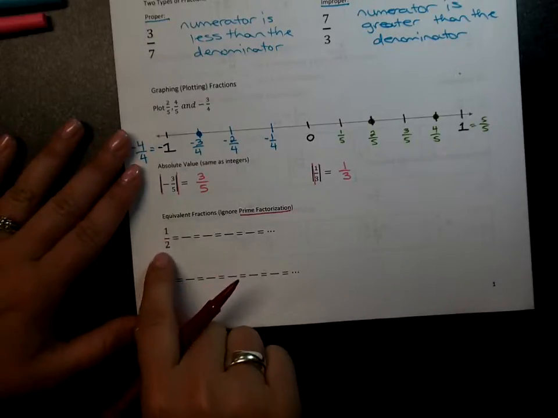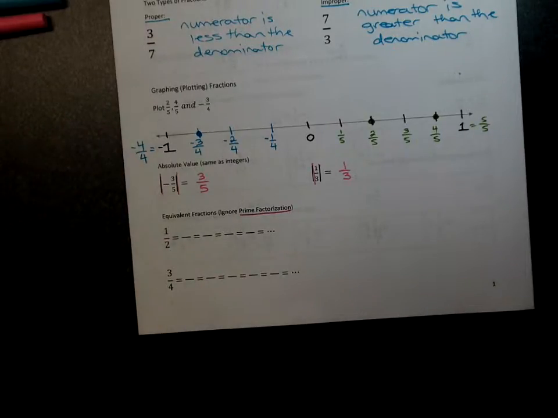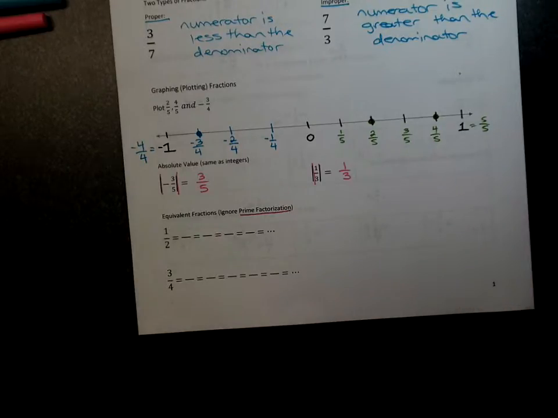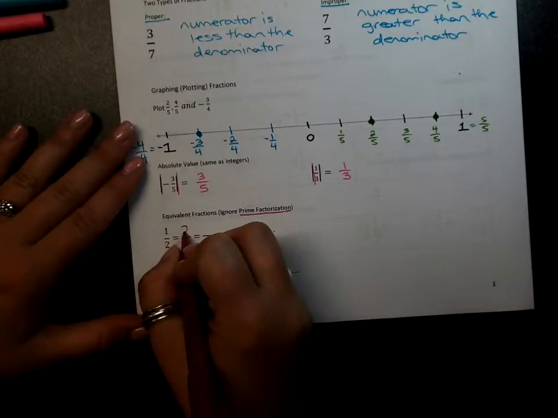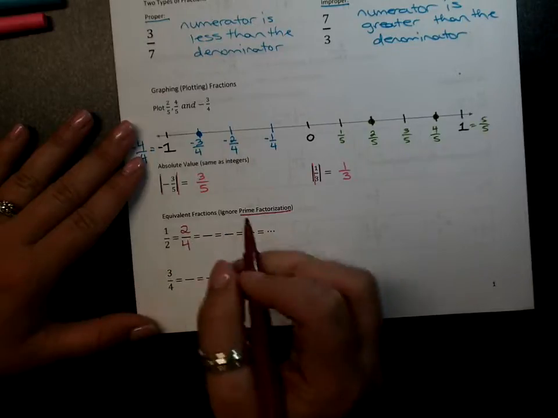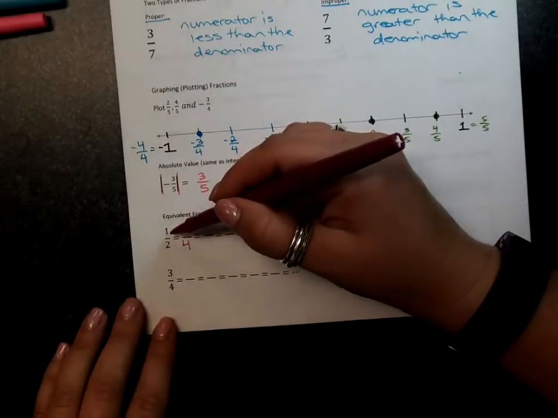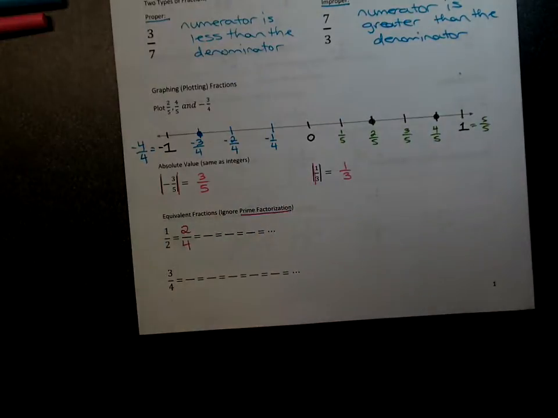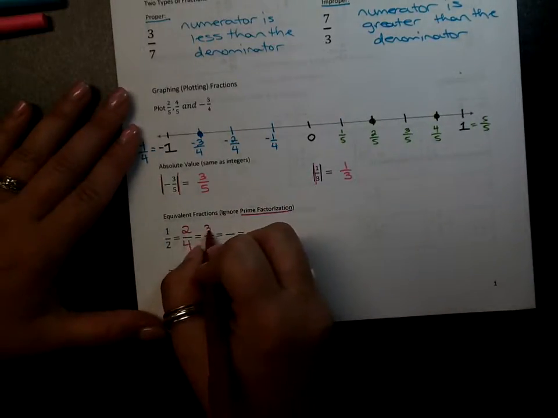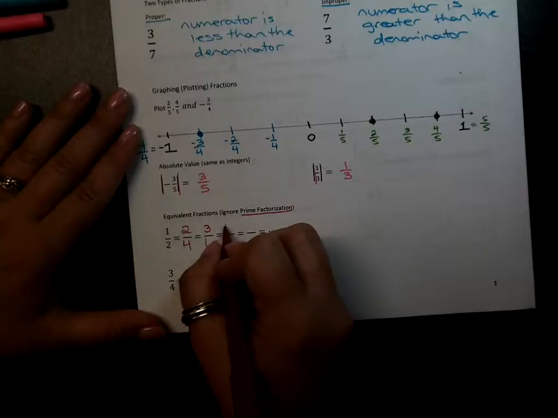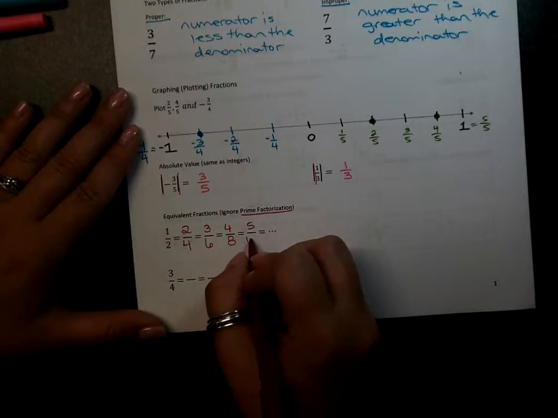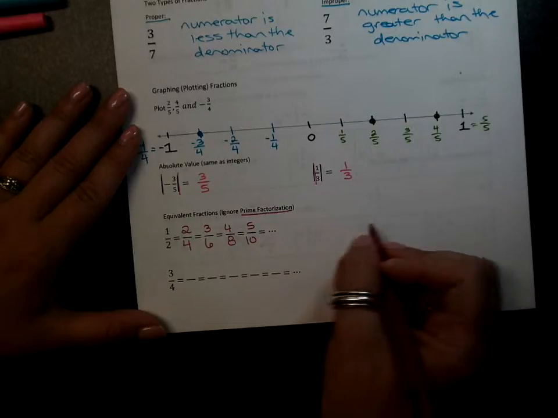So just ignore it. But let's think about equivalent fractions. We have 1/2. And we need to think of another fraction that is the same, that is equivalent. The first one we usually think of is 2 out of 4. 1 part out of 2 is the same as 2 parts out of 4. And we can keep going. It's the same as 3 parts out of 6, 4 parts out of 8, 5 parts out of 10, and we can keep going and going and going.